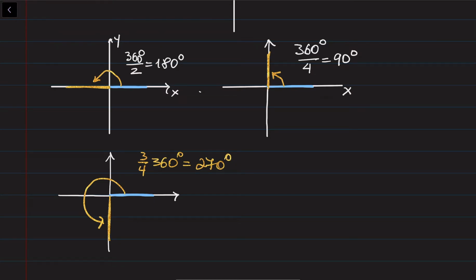So we can measure angles using degrees by splitting the circle into smaller pieces. Every time, I'm rotating the terminal line in the counterclockwise direction.